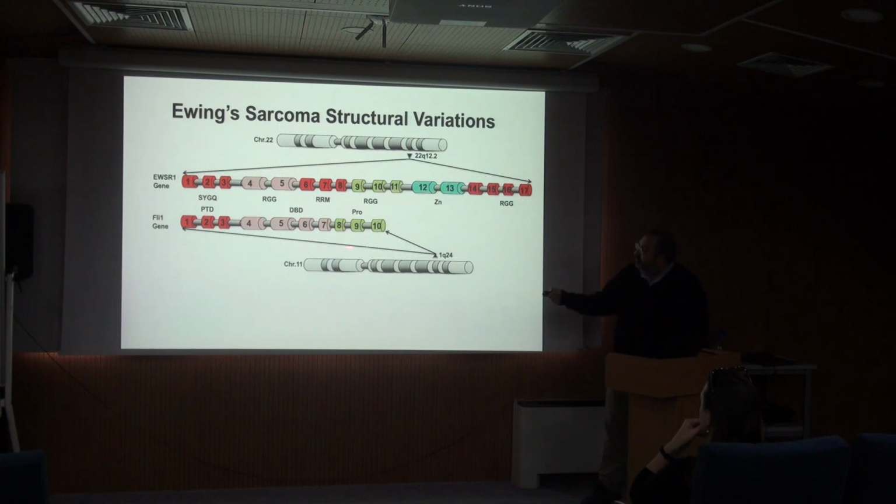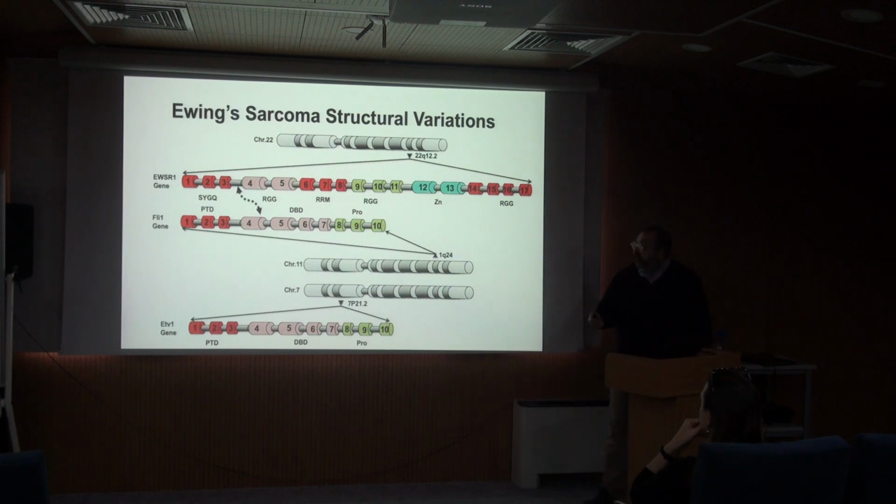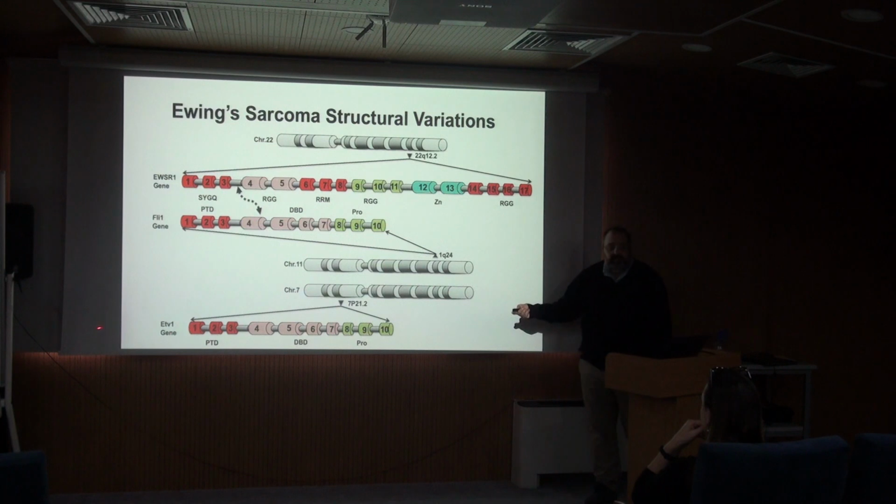And FLY1 is also a transcription factor, on chromosome 11, and something similar happens. The activation domain of this gene fuses with the DNA binding domain of FLY1. And in fact, another subset of Ewing sarcoma is a translocation of the same gene with ETV1, the target of PAS1. So we think there's some kind of regulatory loop where PAS1 is controlling the ETV1 gene and somehow regulating tumor development.